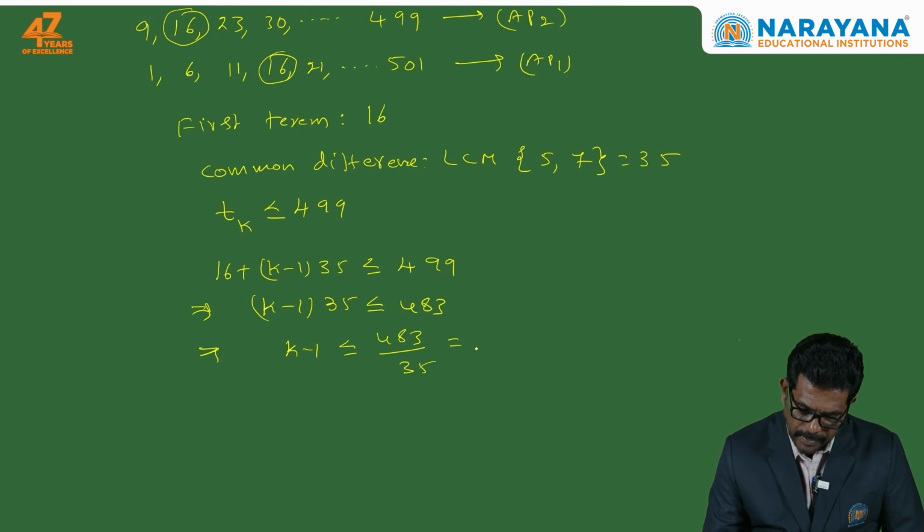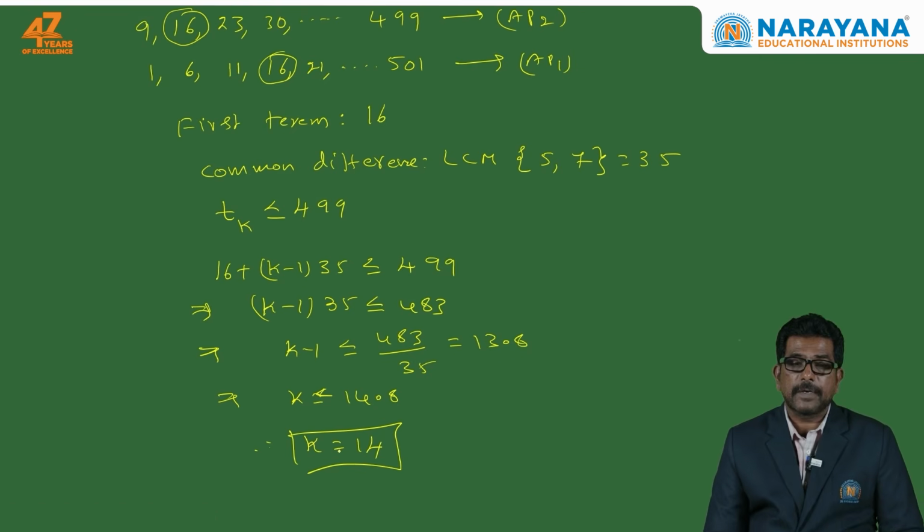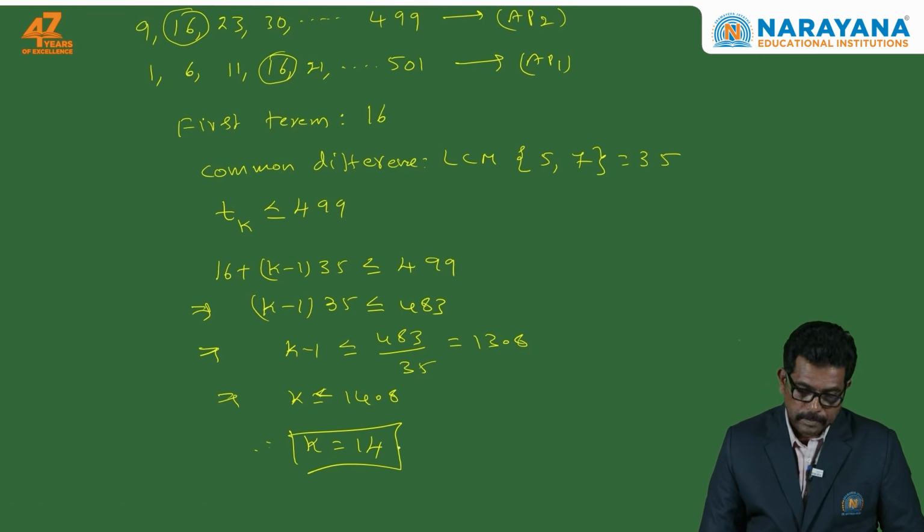It is 35 division, 13.8. So from this k is less than or equal to 14.8. Therefore, the number of terms common is 14.